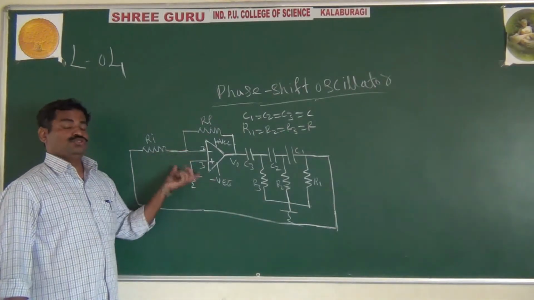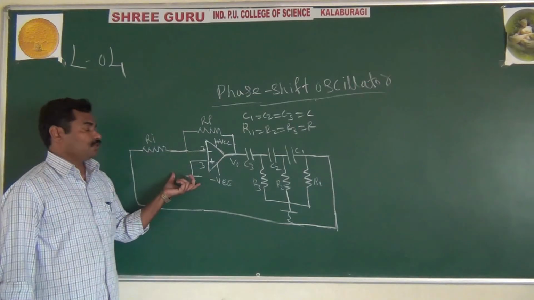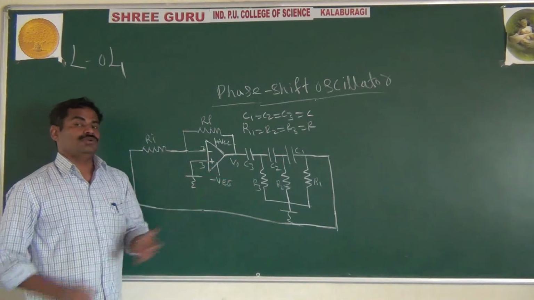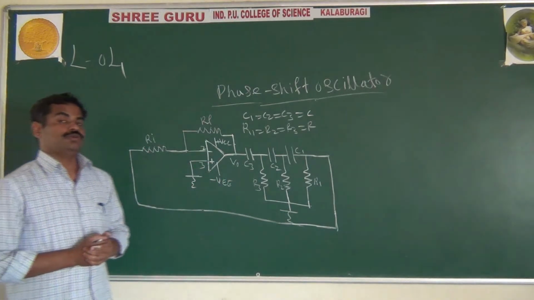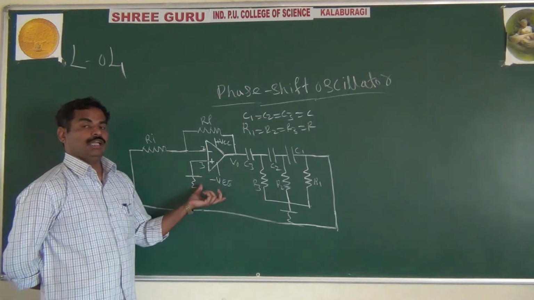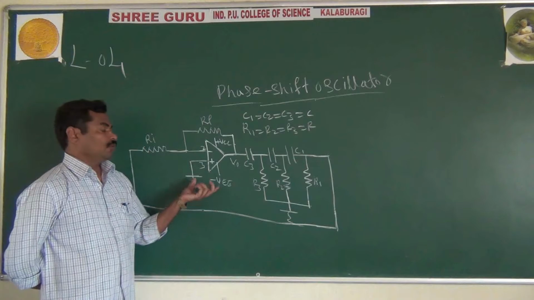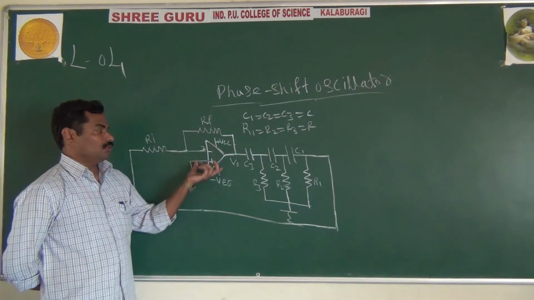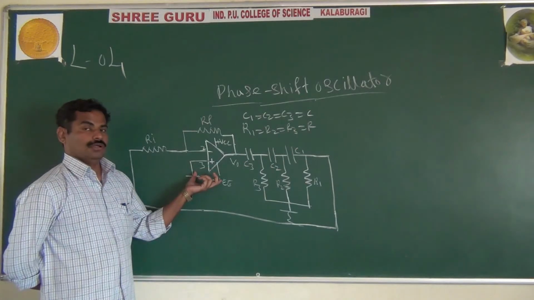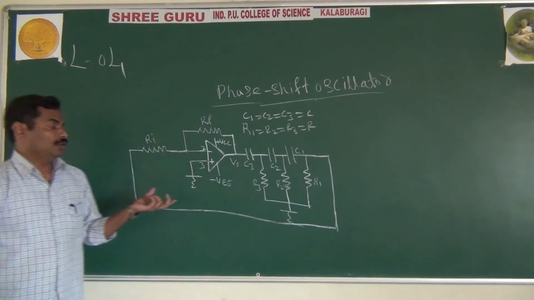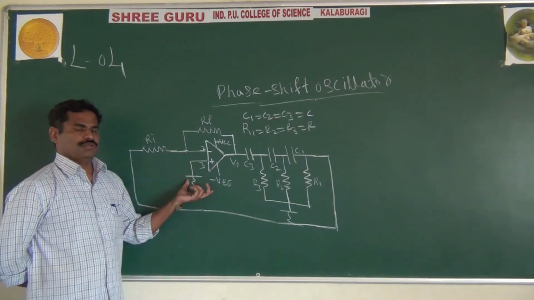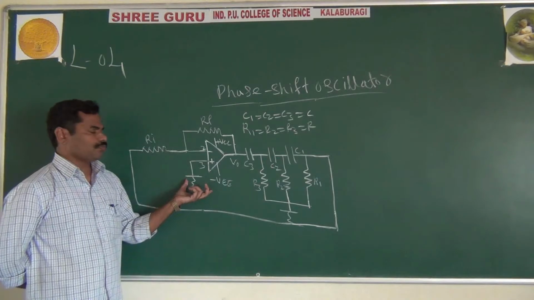Whenever we switch on the circuit, what happens? As usual, the noise voltage, because as I said, the noise voltage acts as the input for oscillators. Yesterday I said the noise voltage acts as the input for your oscillator. As you switch on the circuit, the noise voltage is nothing but a sinusoidal voltage, it has a sinusoidal frequency.